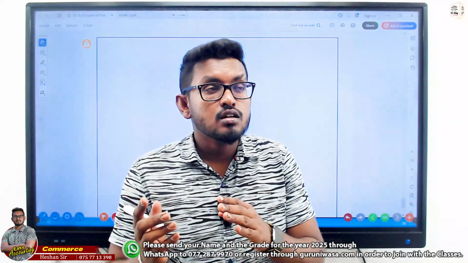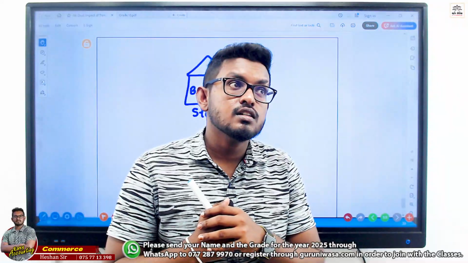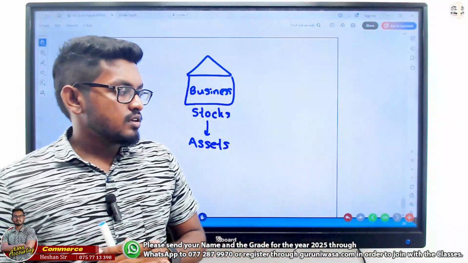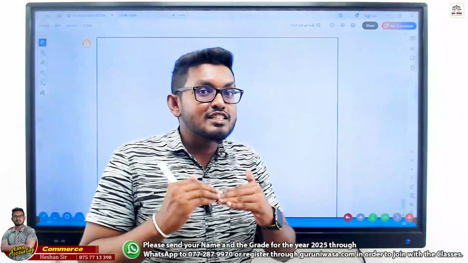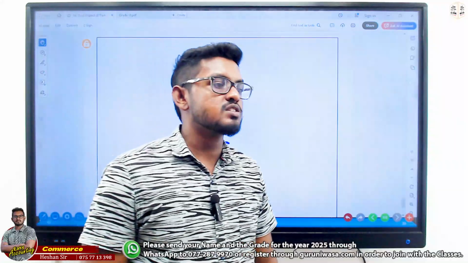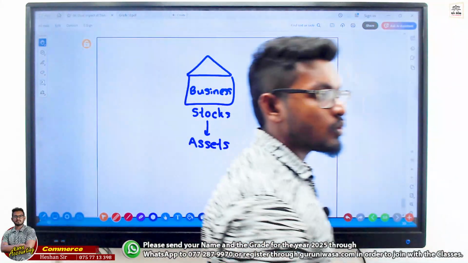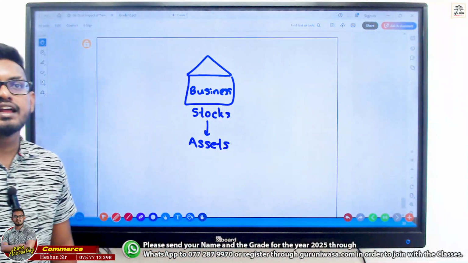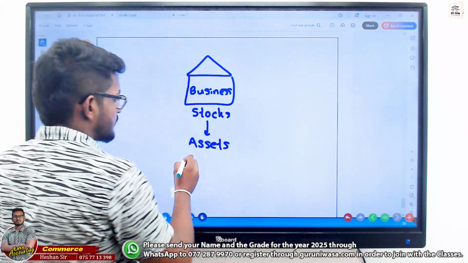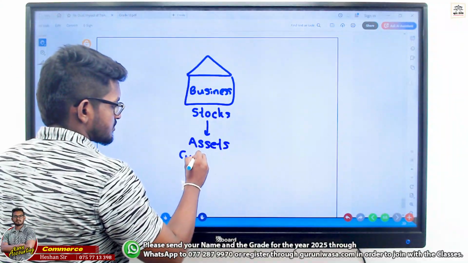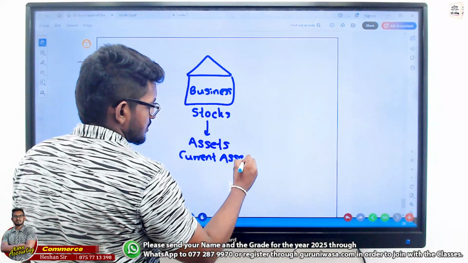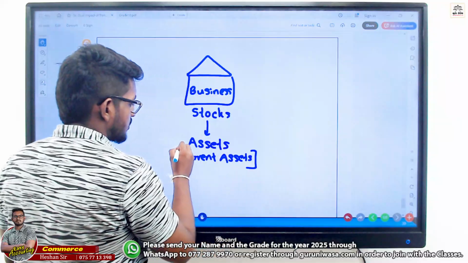For reselling. Very good. But non-current assets we purchase for what? For the usage purpose. That is the really important part. That's why we categorize stocks under which asset? Current assets. Stocks are current assets.